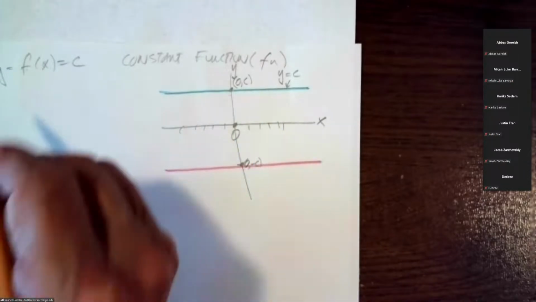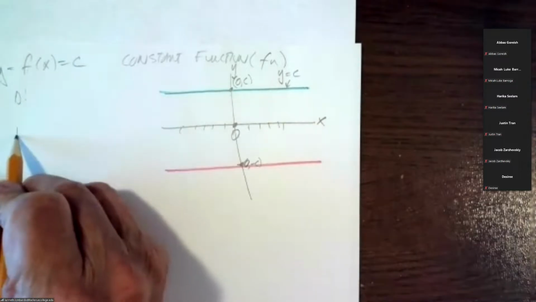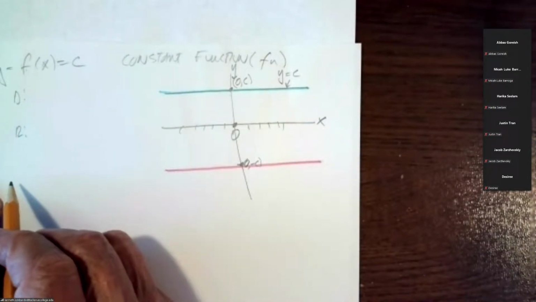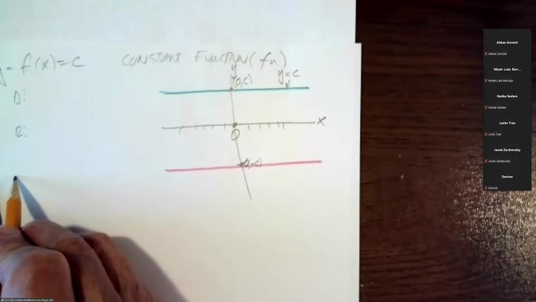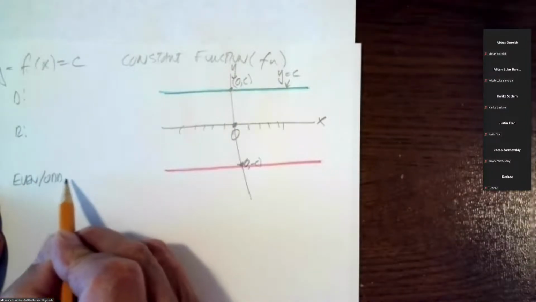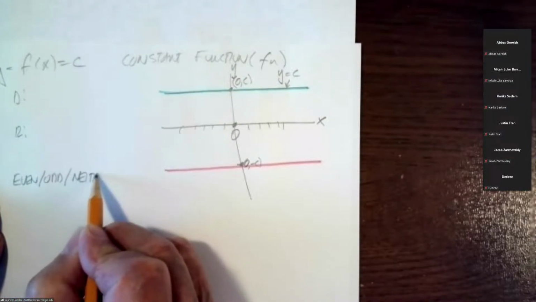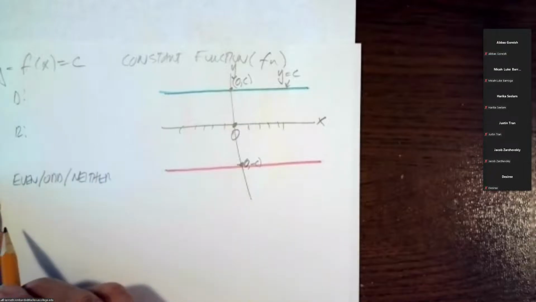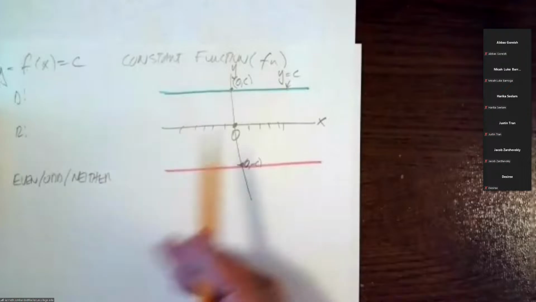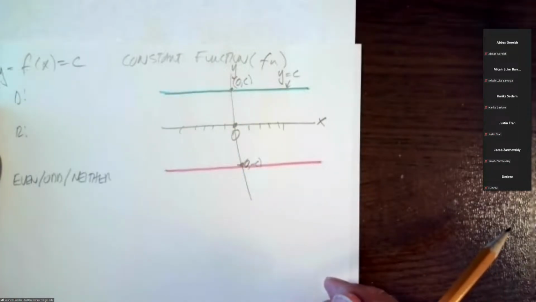Now, if I were to ask you for the domain and range, and then from our previous discussion, whether this is an even, odd, or neither function, let's see if we can address these concepts with this constant function.